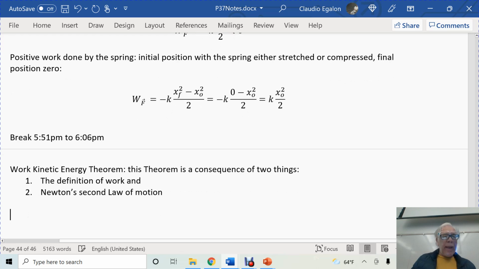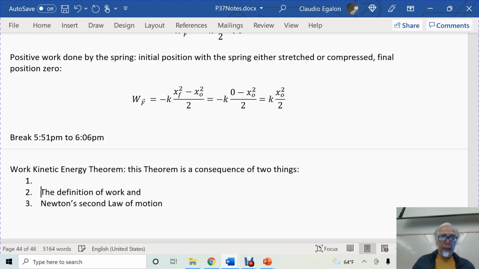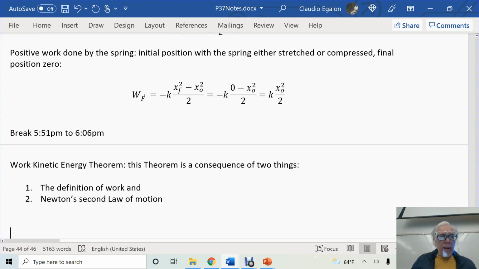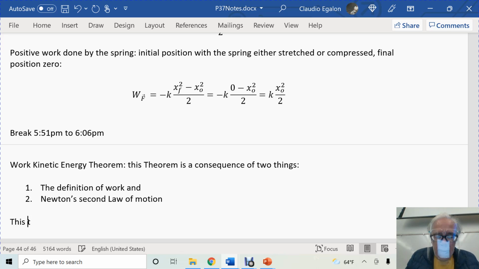Okay, and by the way, it is this theorem that gives rise to what people call the law of conservation of energy. That's what this is all about. Let's write that down here.